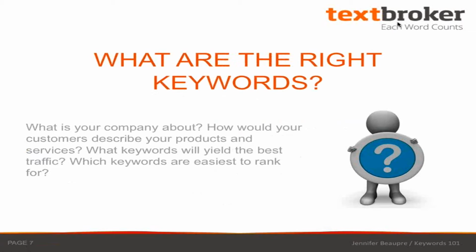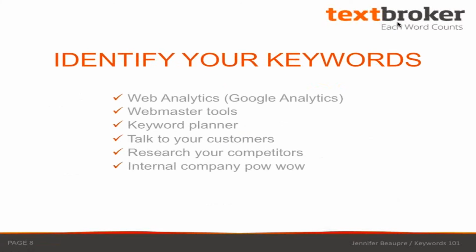Are they searching on best plumber for flood damage? Think about all the ways that they might get to you and that you might be able to provide a product or a service that's going to fit their needs. And finally, doing some research with some tools will help you understand what keywords are going to yield the best traffic and what keywords are best for you to use. So we'll talk a little bit about that as well.